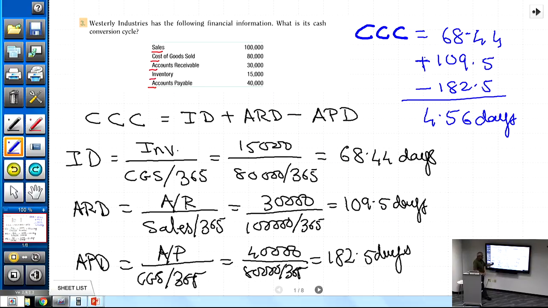On average, it is able to collect about 4.56 days before it has to pay out to its suppliers.